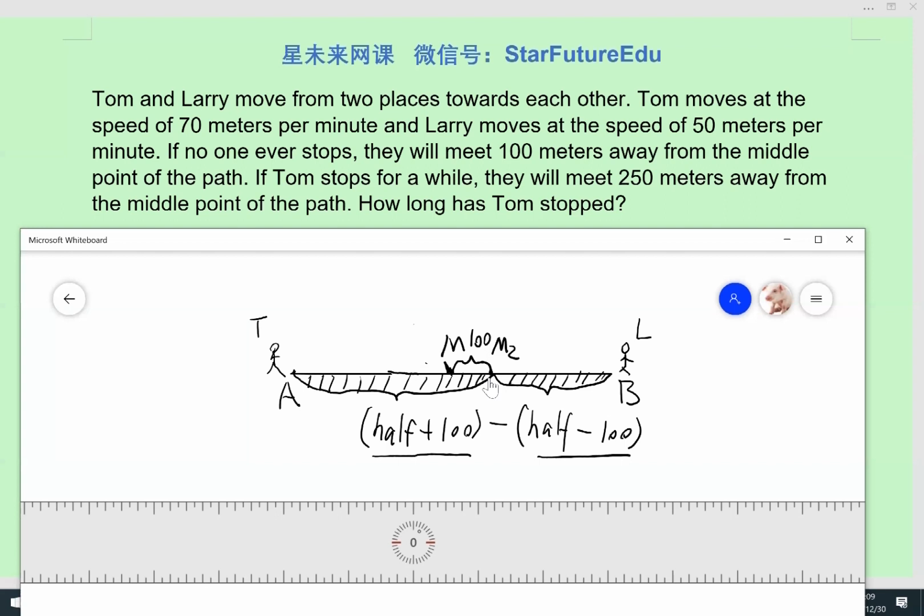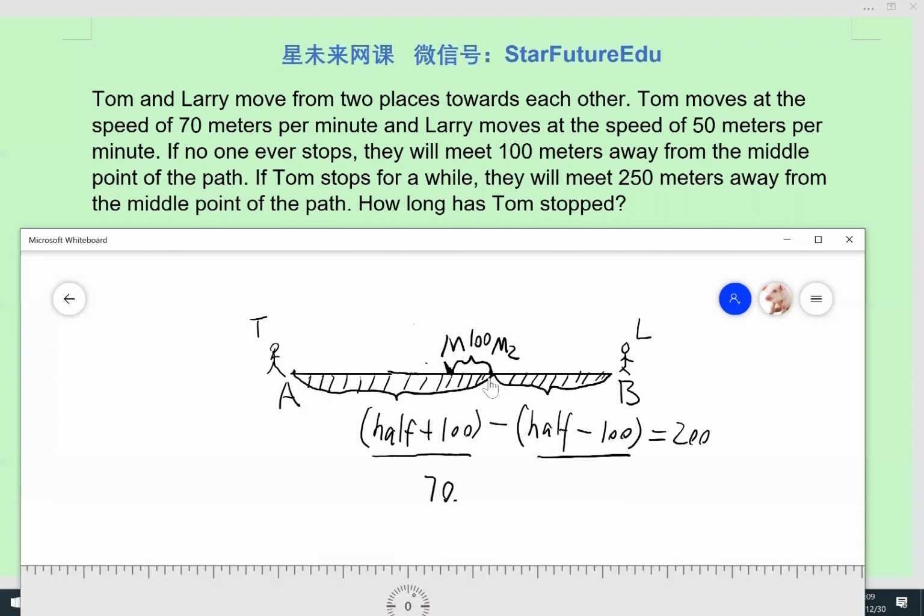Like in this problem, what we know is Tom had traveled 200 meters more distance than Larry. And we also know their speed. Tom traveled 70 meters per minute, and Larry traveled 50 meters per minute.